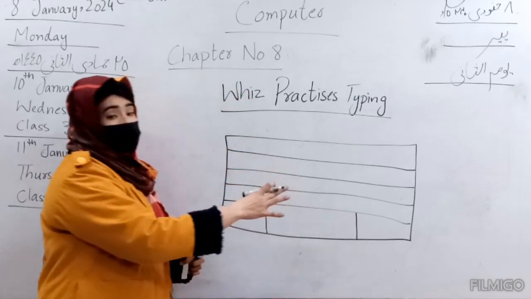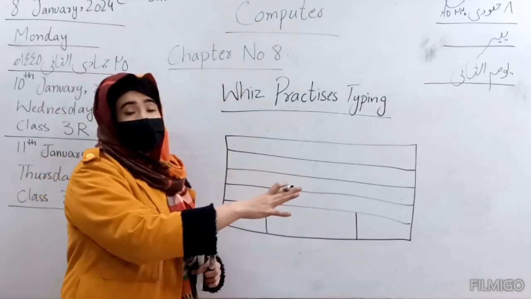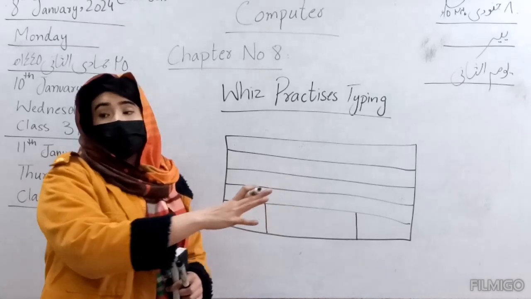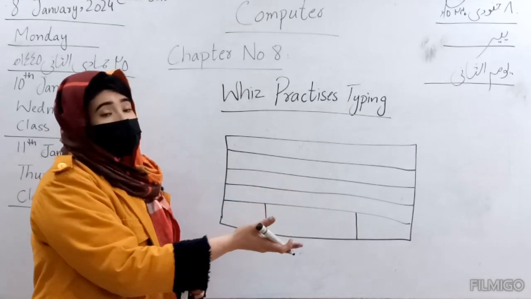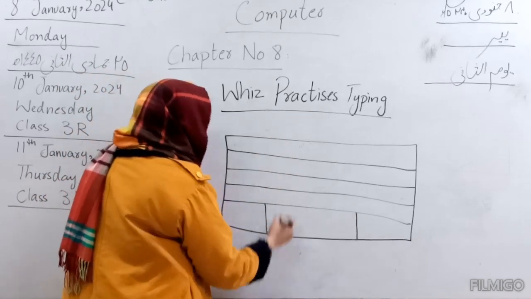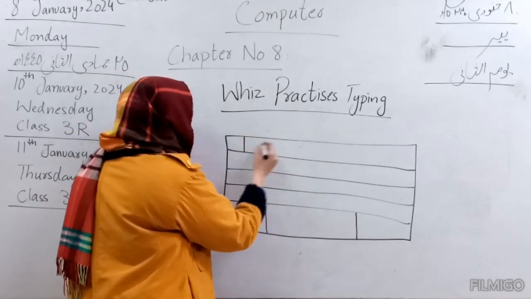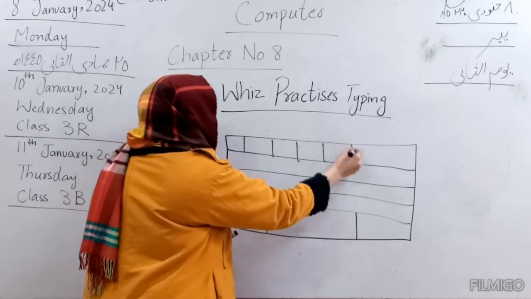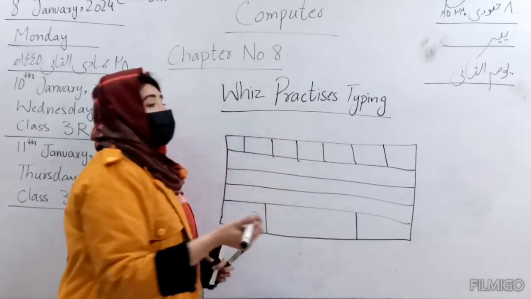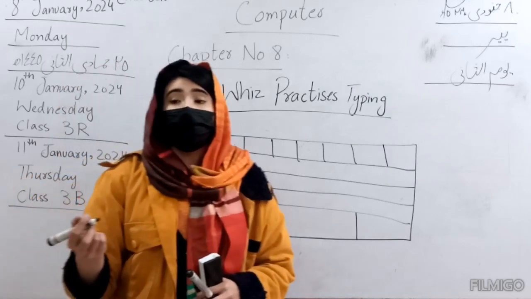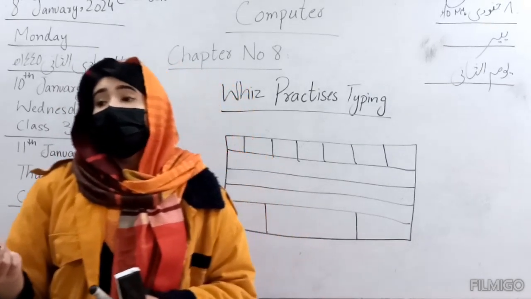So your keyboard looks like that. I think you all see the keyboard. So suppose that this is your keyboard, and these are your keys. You all know that you have three types of keys. Can anyone tell me how many types of keys?